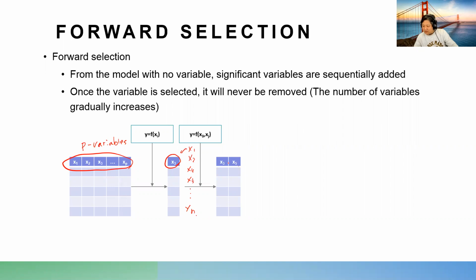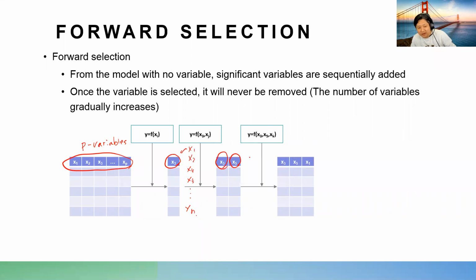And then, well, first we select x3 and x5, right? And then do the same thing again. And we add all the different variables to the p, and then we found, okay, x1 contributes the most to the model prediction, so we select x1.